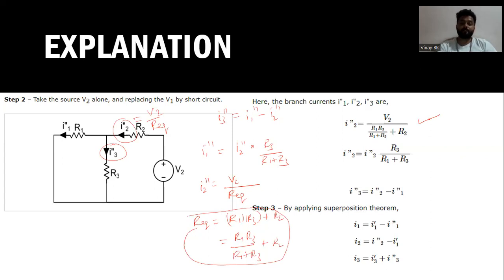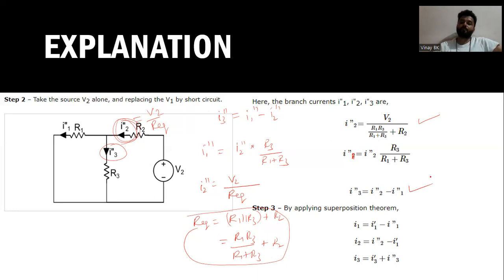Similarly, sorry, this is I1 double dash, not I2 double dash. I1 double dash is the total current I2 double dash into the opposite resistor, that is R3 divided by R1 plus R3. Then you get I3 double dash.